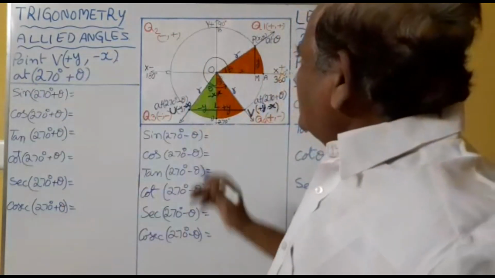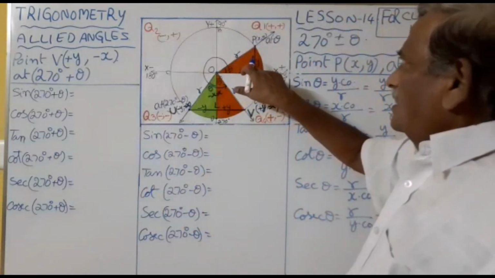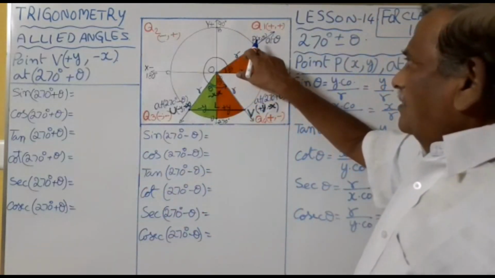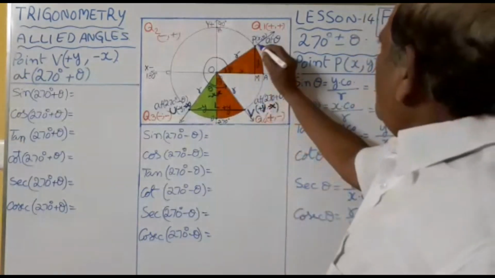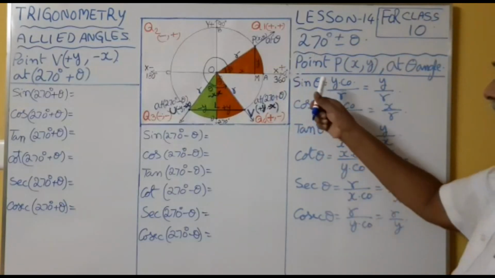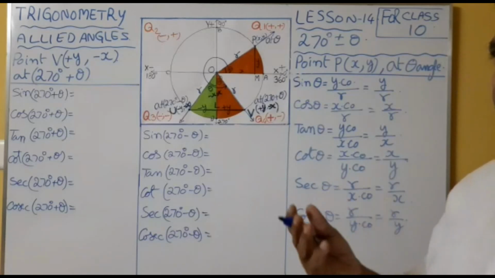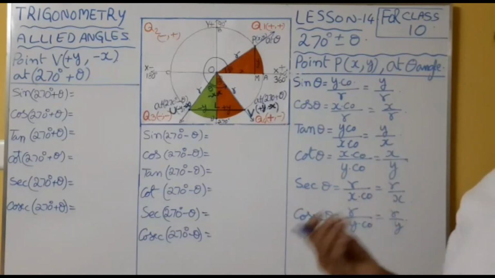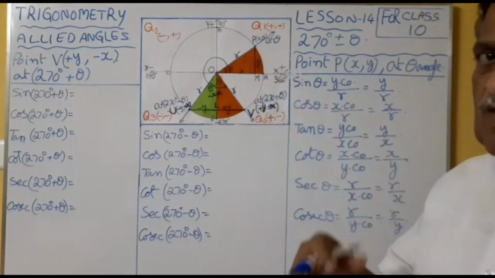Therefore, let us write the trigonometric ratios for this point and for this point. For this point, already written. Sin theta, according to the definition, is the y coordinate by r, where r is the radius. But the radius is always positive.